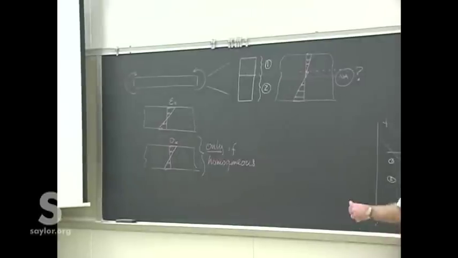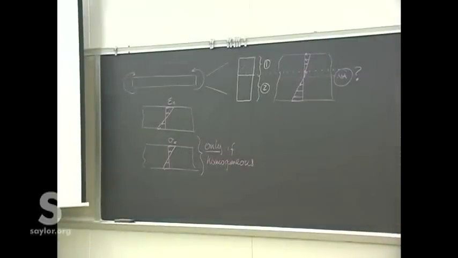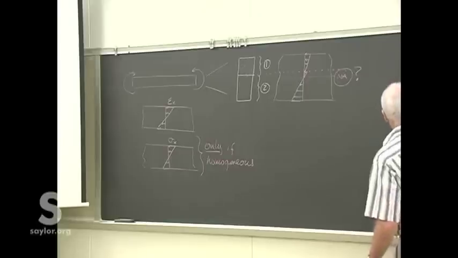These are called composite beams because they're made of two different materials. We're assuming that whatever is holding the two materials together is perfect and will not fail itself. We'll look into that in a couple weeks.